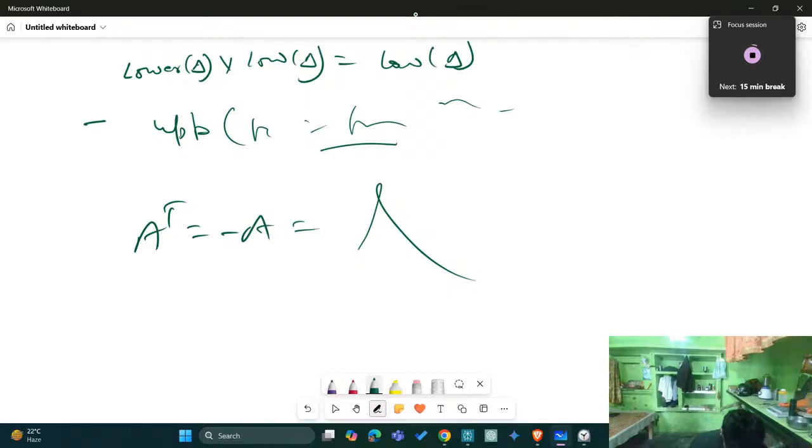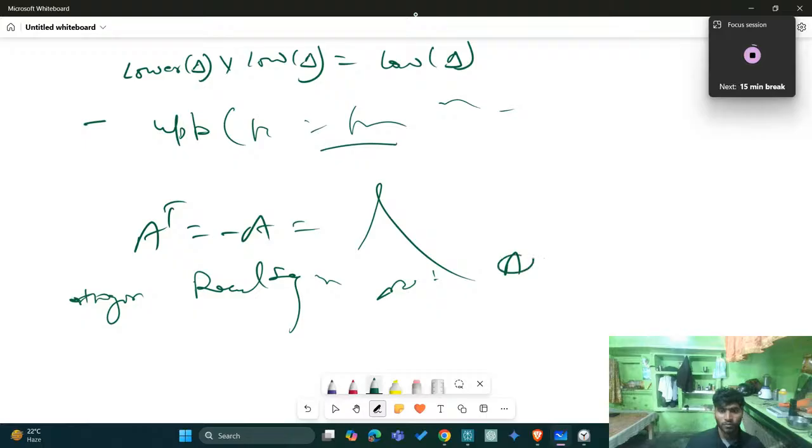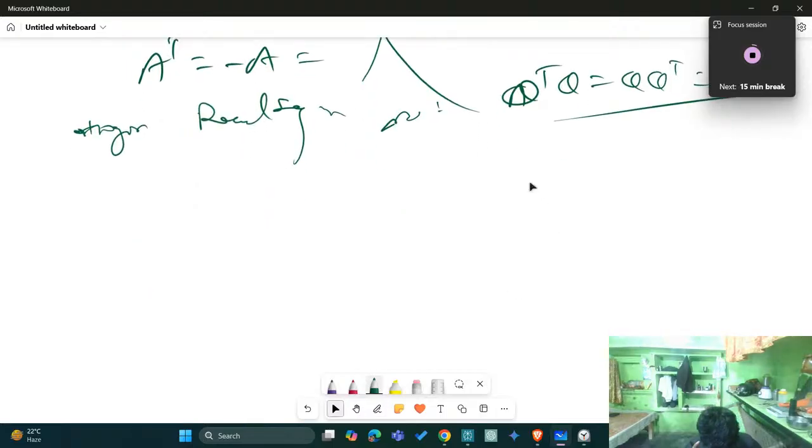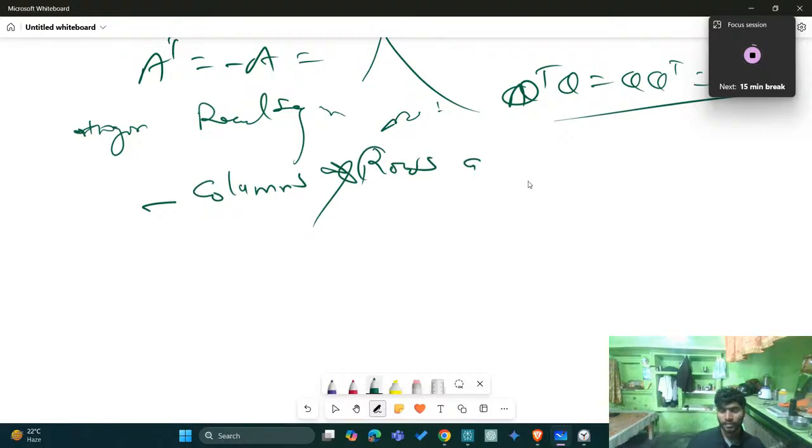An orthogonal real square matrix Q satisfies Q times Q transpose equals I. This is an orthogonal real square matrix, and its columns and rows are orthogonal vectors.